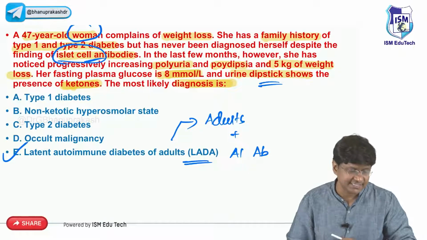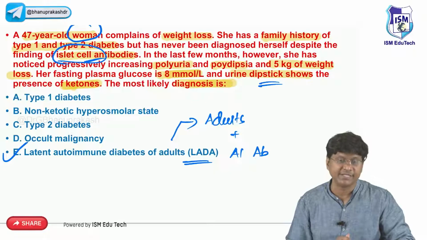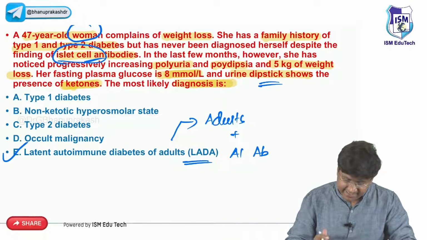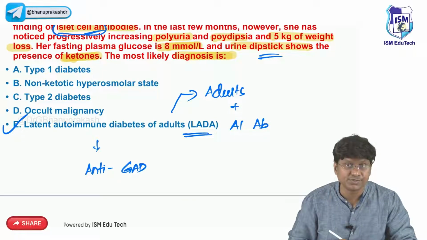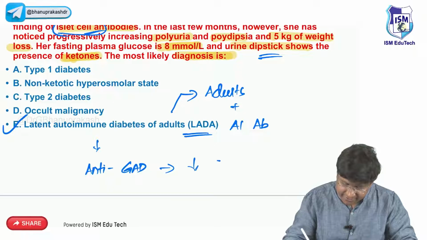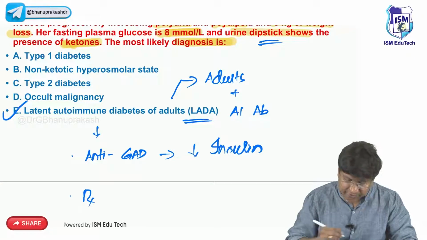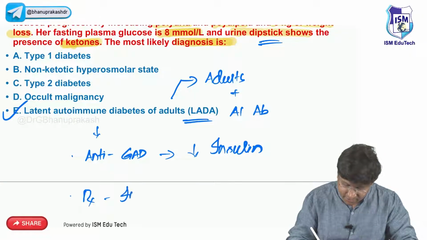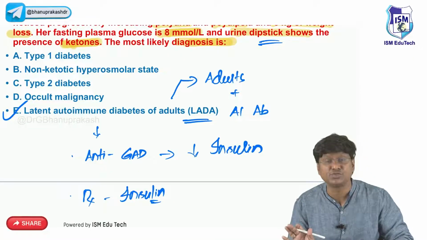So this is suggestive of LADA, latent autoimmune diabetes of adults. And in LADA, what are the antibodies? Anti-GAD antibodies. So what will happen to the insulin levels? Decreased, because that will cause beta cell destruction. So what is the treatment for LADA? The treatment for LADA will be insulin.